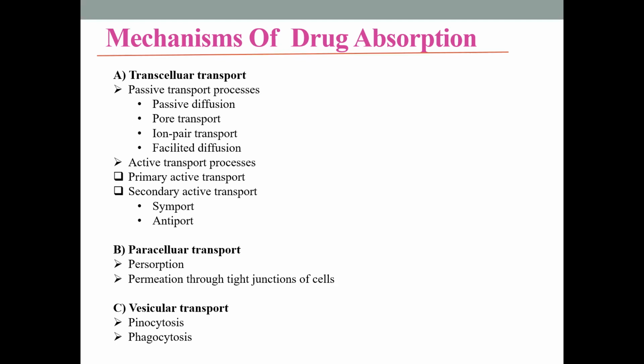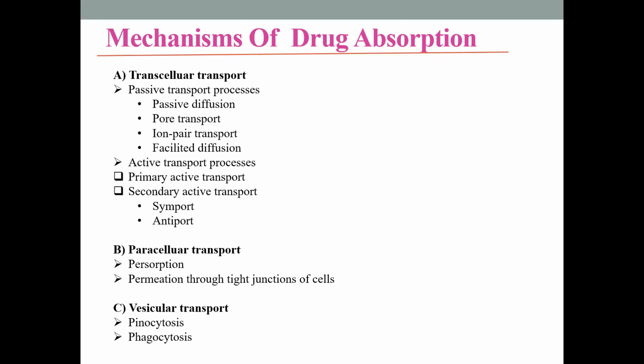In the active transport process, there are two main important mechanisms. The first is primary active transport, and the second is secondary active transport.